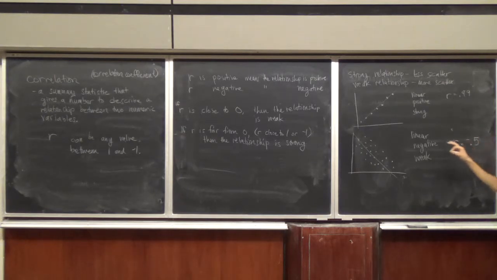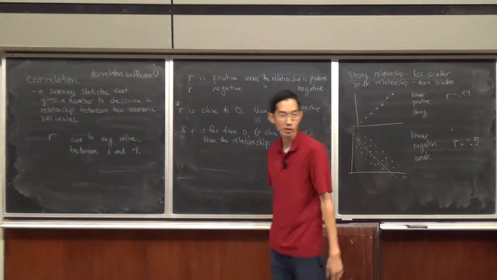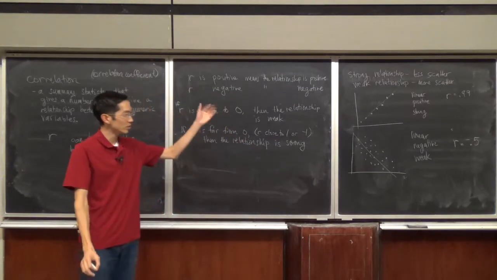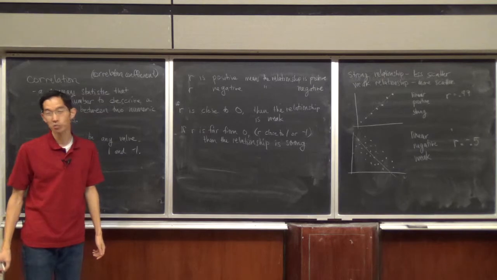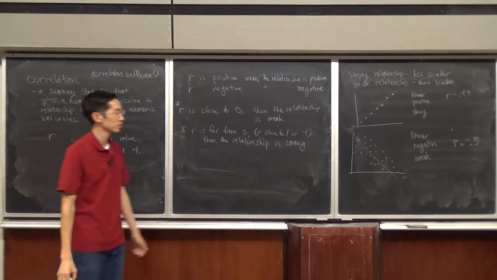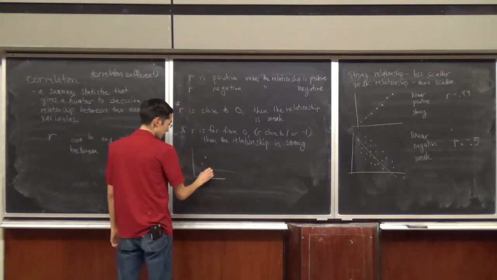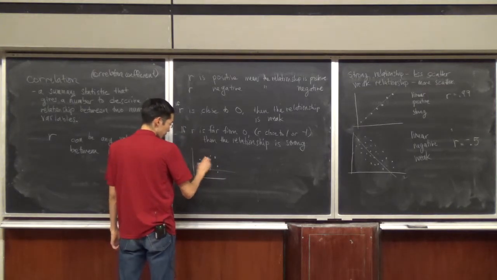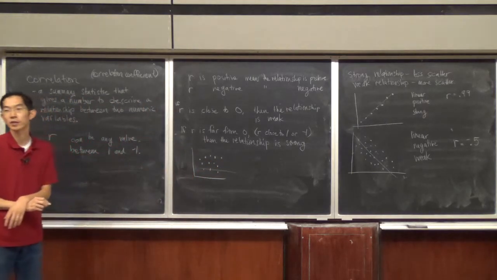I'm not expecting you to look at some scatter plot and know exactly what R is. But if I gave you some values and I asked you to match them, you should be able to do that. If you see a scatter plot that looks like this, what would you say R is here?